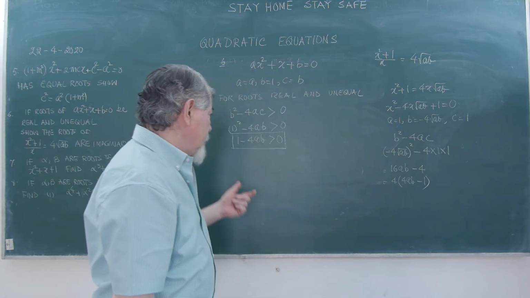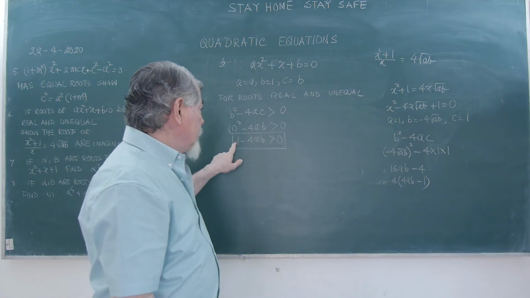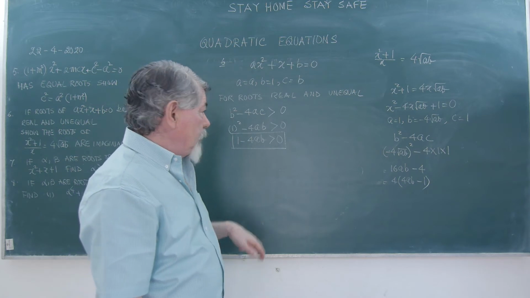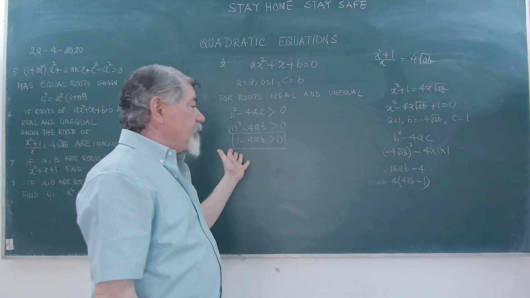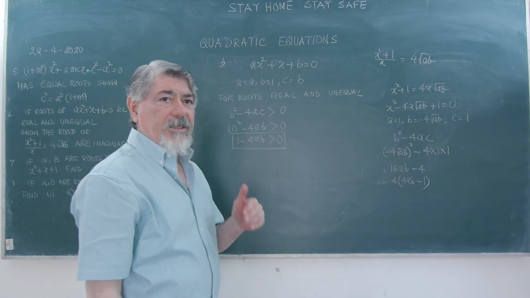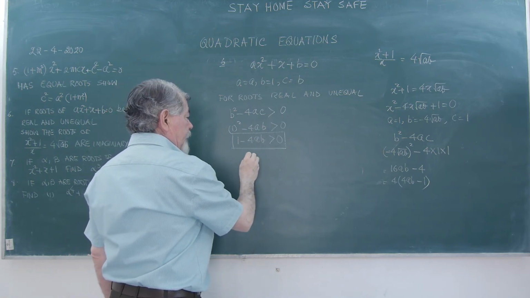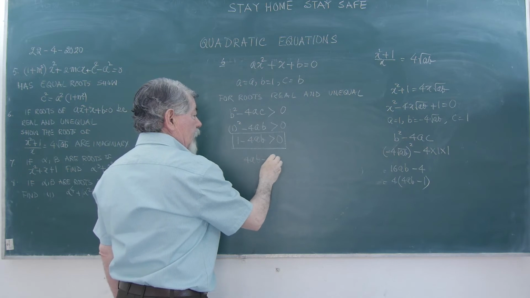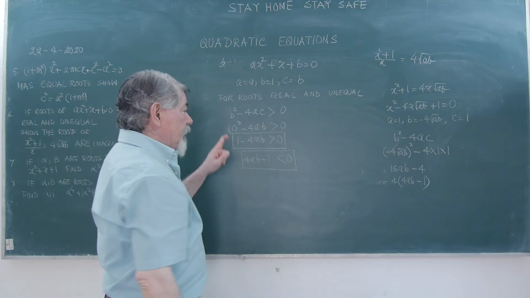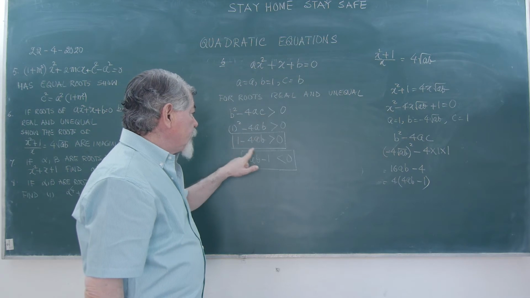Now please look here, for roots being real and unequal, the condition was that 1 minus 4ab should be greater than 0. If I reverse the sign, you know what happens in inequality. If I make it 4ab minus 1, then it will become less than 0. What have I done? Minus 4ab I converted to plus 4ab, and plus 1 into minus 1.